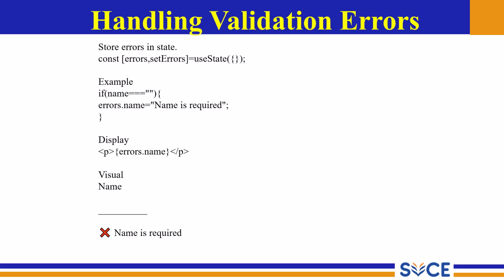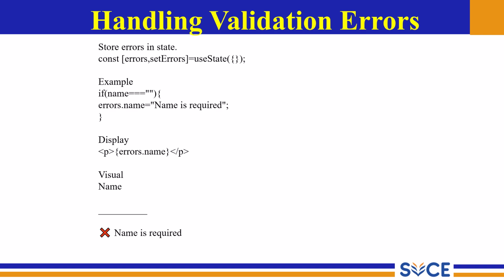Handling validation errors. Suppose a registration form contains 5 fields: name, email, password, phone number, age. What if more than one field is incorrect? Should we display only one error? No. A professional application displays all validation errors together.